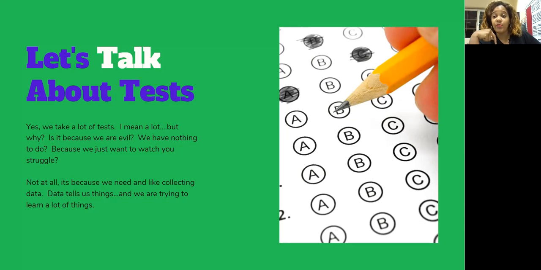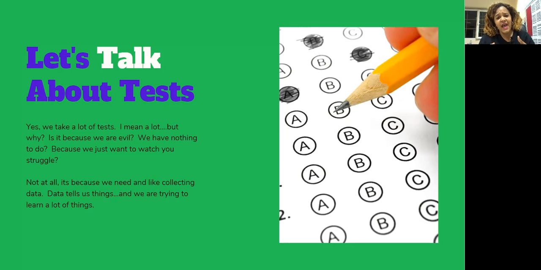So if you have your vibrant vocabulary book, you'll know data is a bunch of figures and numbers and information that we take and we can look at and make important decisions. Sounds like a bunch of teacher talk, right? It is. But data lets you know what you're good at and what you're not so good at.